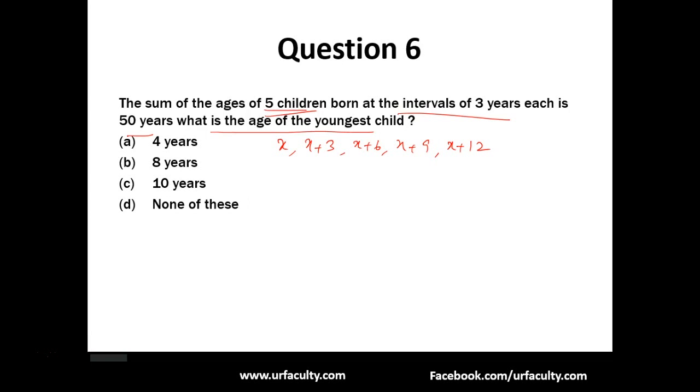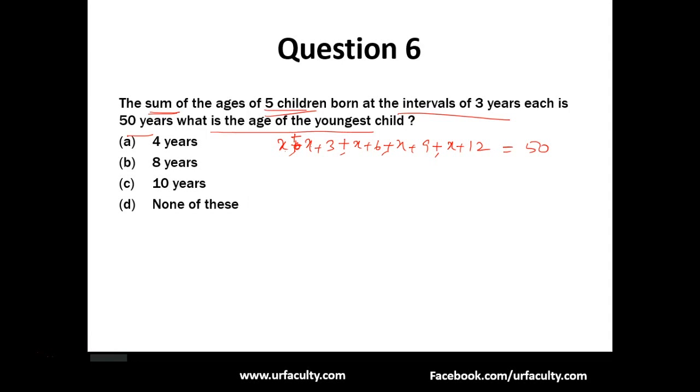Now what are they saying? What is the age of the youngest child? Sum of the ages. Okay, so they are saying sum of the ages of 5 children is 50 years. So what should we do? We just need to sum this up. And that is equal to 50.